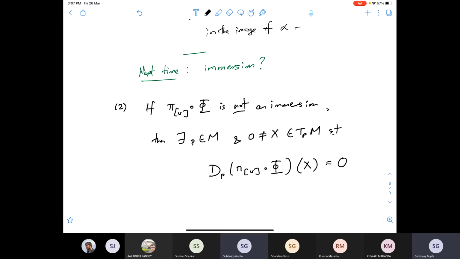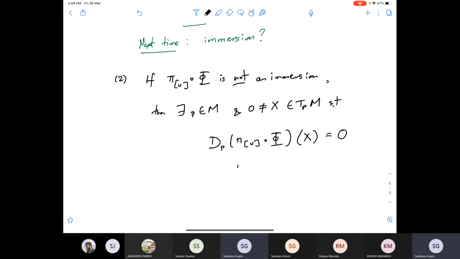So there is some such p and a non-zero tangent vector that maps to the 0 tangent vector in the image. The image is some tangent space to a point in R^(n-1), so that's how we are thinking of this hyperplane.